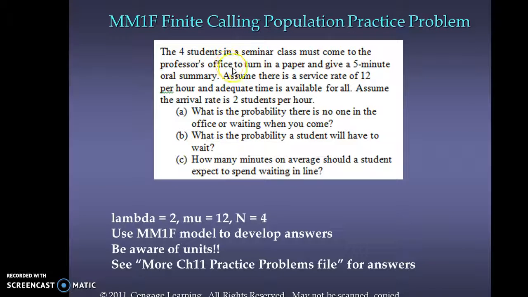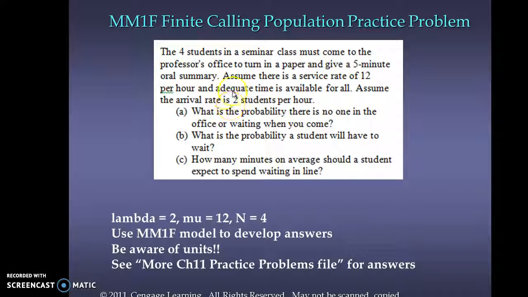So let's look at this case. 4 students in a class. That tells you right off the bat that that should be our population. So n is 4. They give a 5-minute summary. Okay, so that's the duration. What's the service rate? 12 per hour. That makes sense. These correlate. If it takes 5 minutes to do something, I can do 12 of them in an hour.